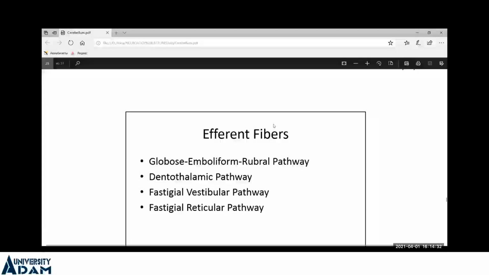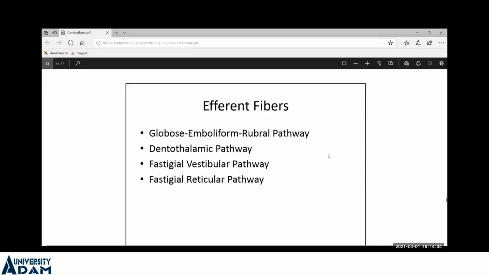Okay, let's go to the next slide. So guys, you can see here the names of efferent fibers: globus emboliform rubral pathway, dentatothalamic pathway, fastigial vestibular pathway, and fastigial reticular pathway. So as you can see, these names of efferent pathways are formed by the name of the what?